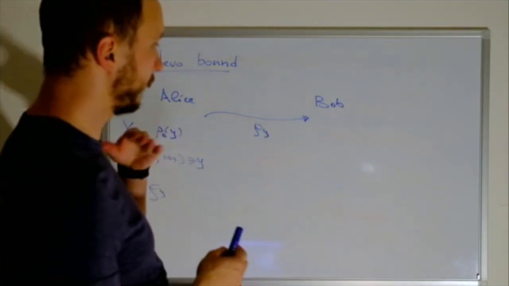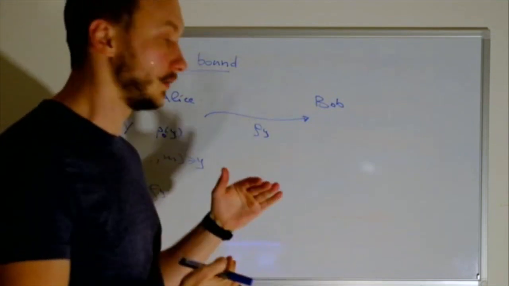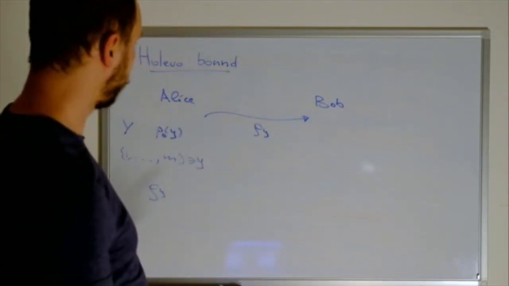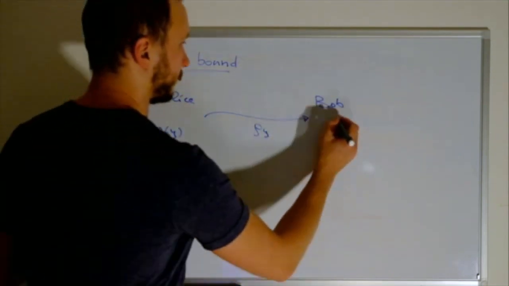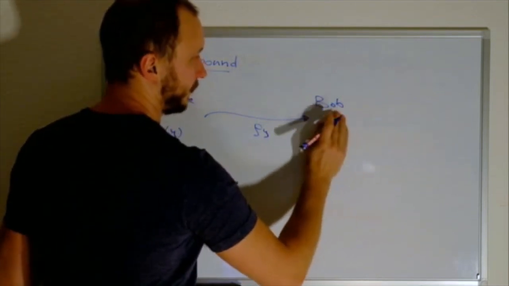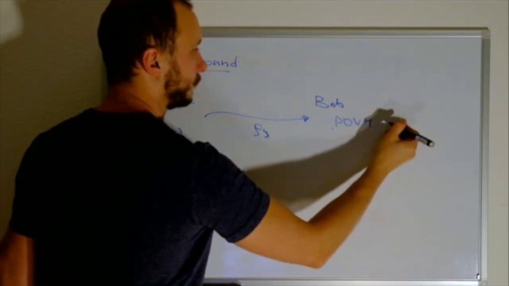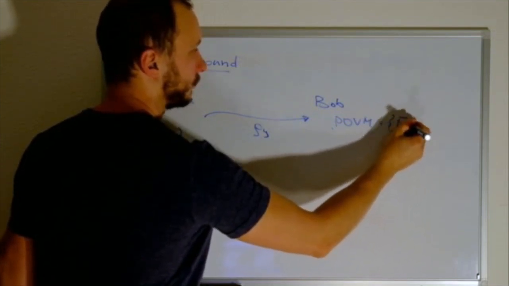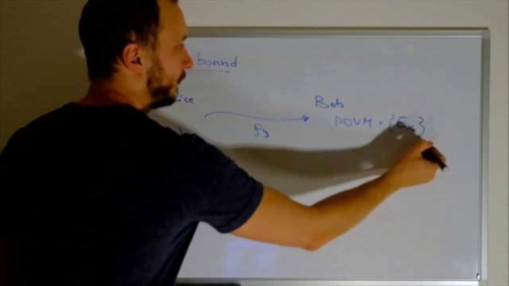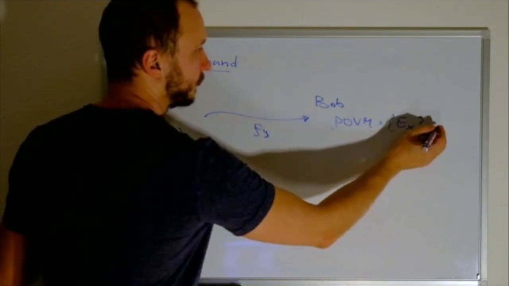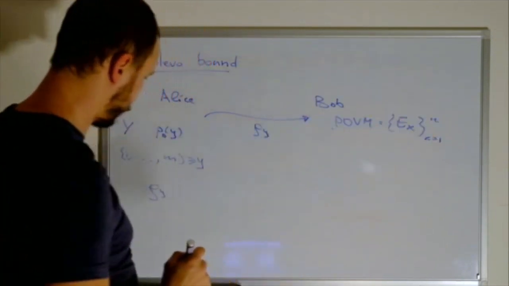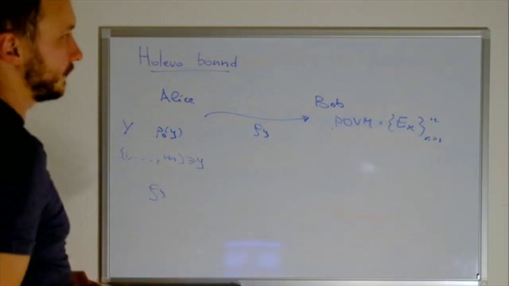Of course, he doesn't know y. He wants precisely to read out y from the state he receives. So what he does is a measurement. He does a POVM measurement, let's call it E_x, right? So x are our POVM elements, and let's say x runs from 1 to n, right? Potentially there is a different n than m.